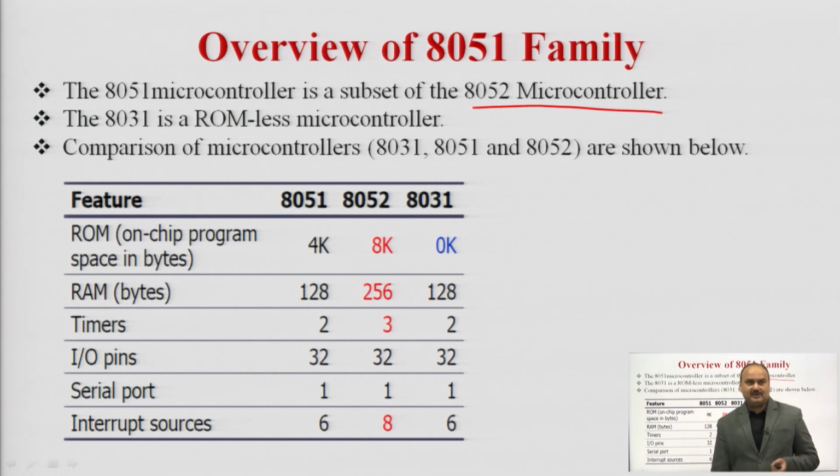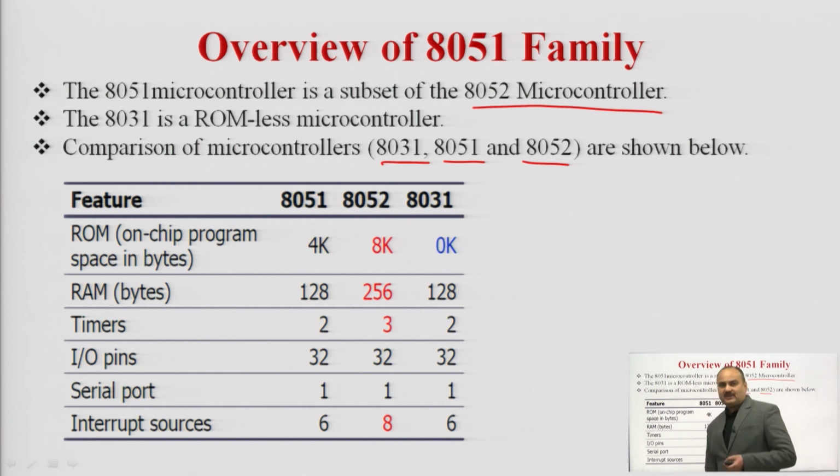If we compare the microcontroller family, that is the 8031, 8051 and 8052 microcontrollers, on the basis of the following parameters: the ROM size, RAM size, number of timers, input output pins, serial ports and interrupt sources.